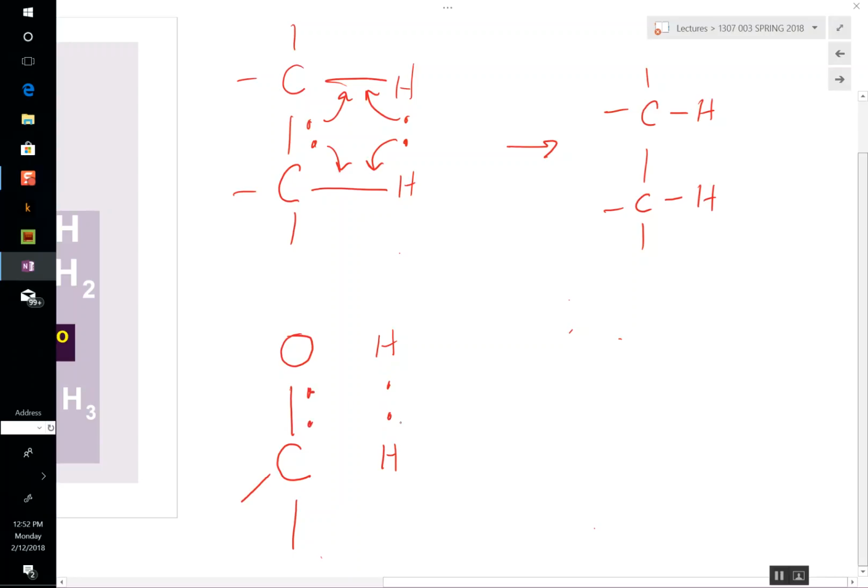We're going to get a different product, but these two electrons are going to go up into there. The one hydrogen is going on the oxygen. The other hydrogen is going onto the carbon. And what do we get? We get a hydrogen down here. Let me write this a little smaller over here.